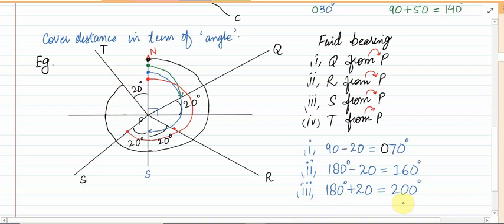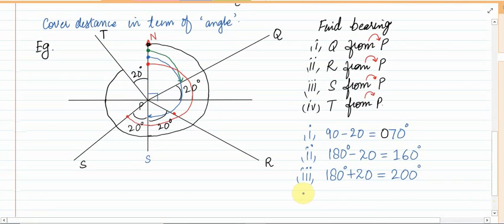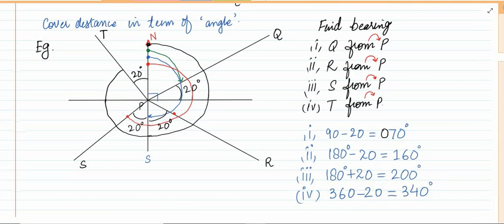So for the last part, 360 minus 20, it will be 340 degrees, right? So that's how we measure bearings. I hope that now you have a little bit of an idea how to find bearings, right?